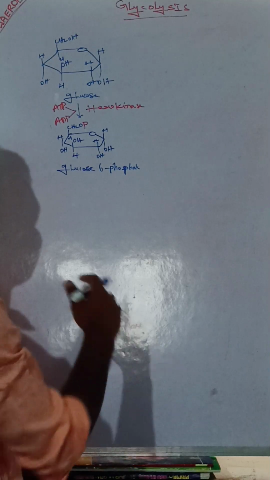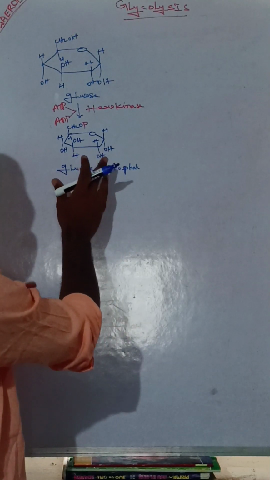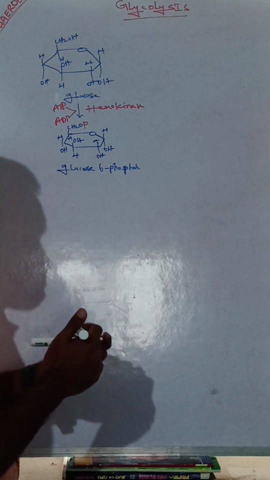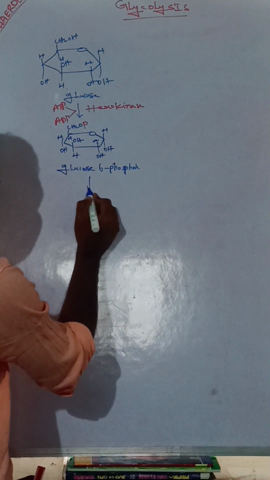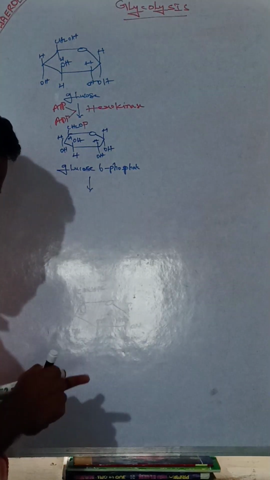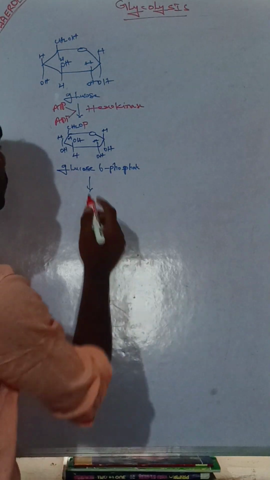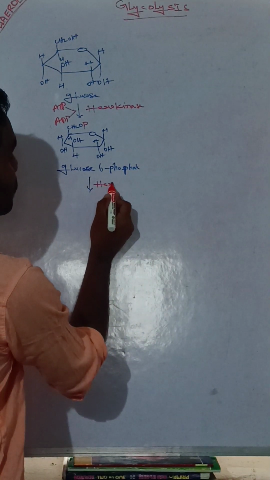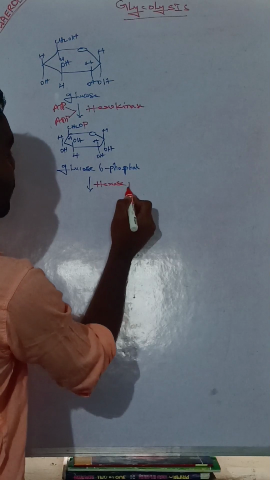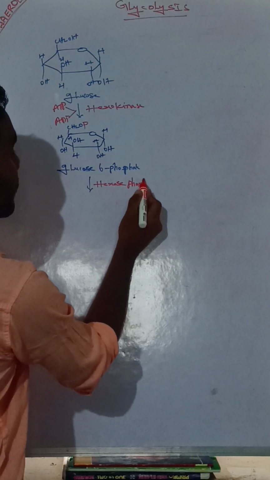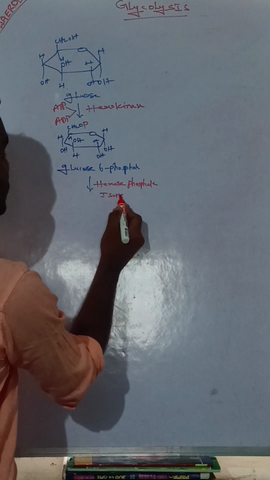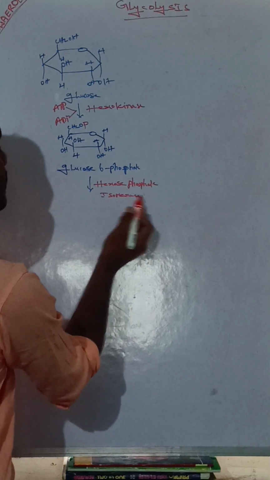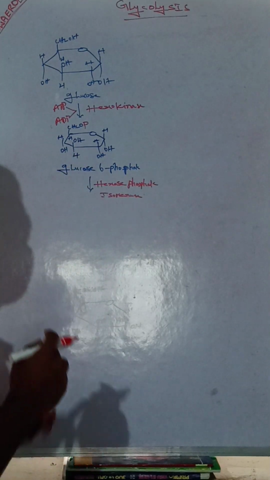Then after, when it turns to glucose 6-phosphate, one more enzyme acts. What is that? Hexophosphate isomerase. In the presence of hexophosphate isomerase it converts by isomerization.